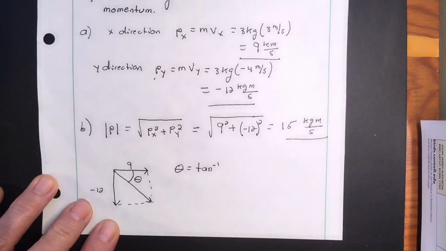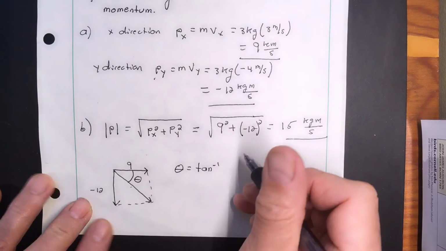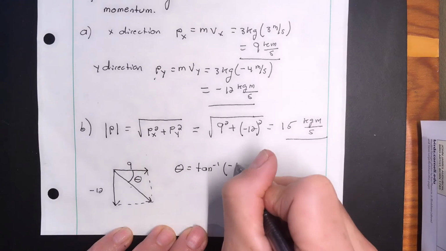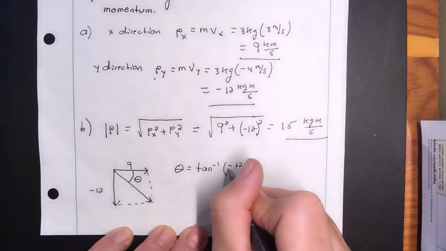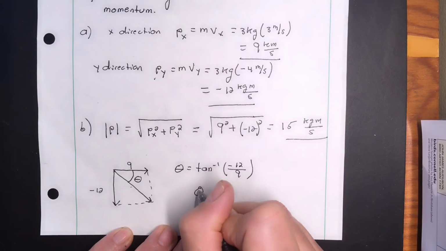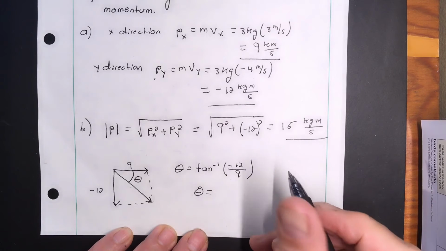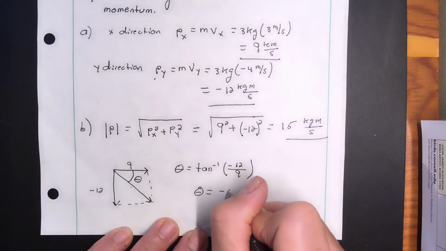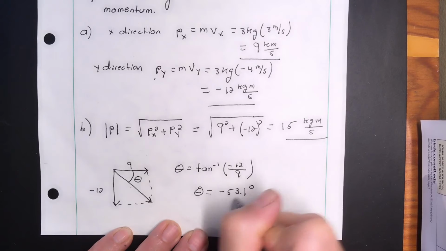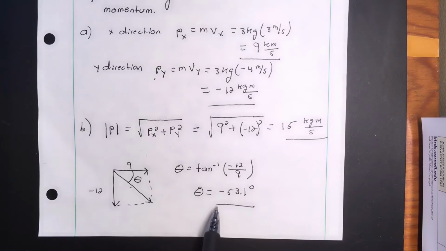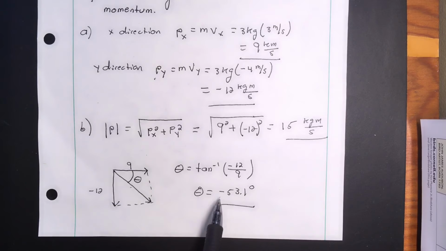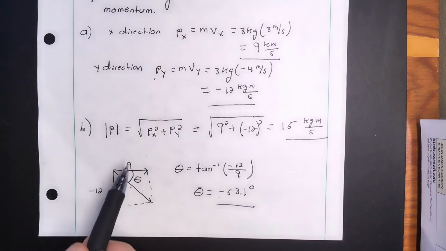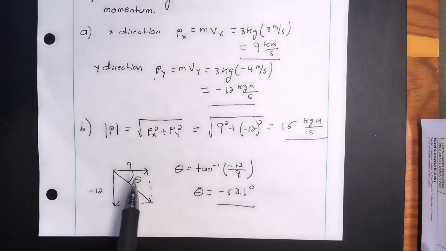I'm going to use tangent, but since you have all three, you could use any function that you want. Minus 12 opposite over 9. So theta comes out to be a minus 53.1 degrees. Okay, so this describes it because minus is measured clockwise, whereas positive angles are counterclockwise.